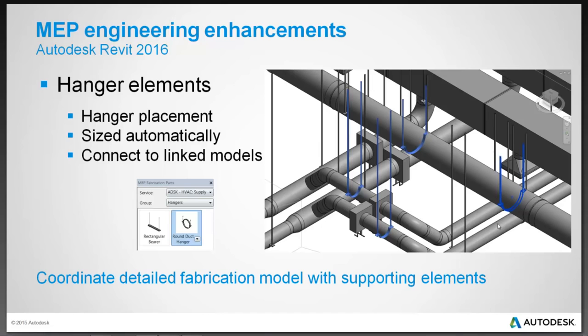Big one here, with this new fab content, you now can easily place hangers, and you can place these hangers along fabrication segments. These hangers are sized automatically to fit the duct, the pipe, or the cable tray that you're using, and these hangers will attach and adjust to architectural and structural elements in your link models.